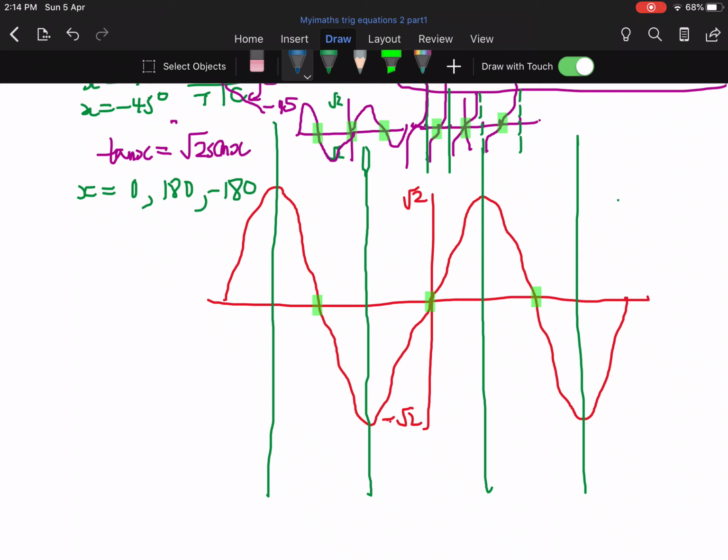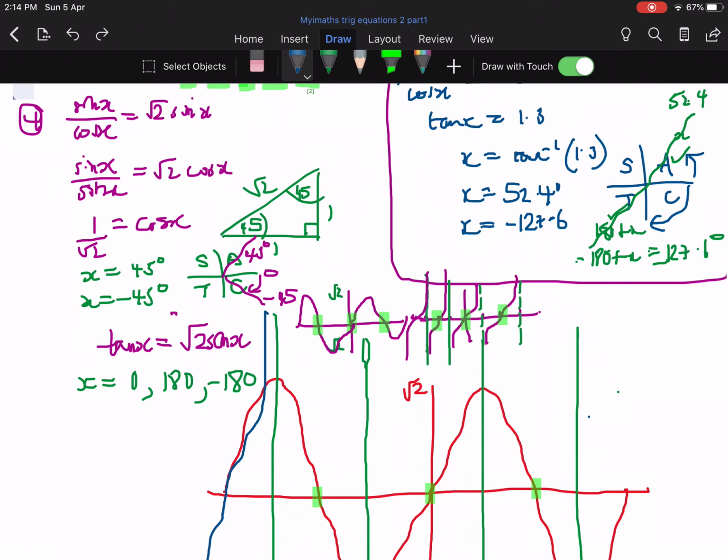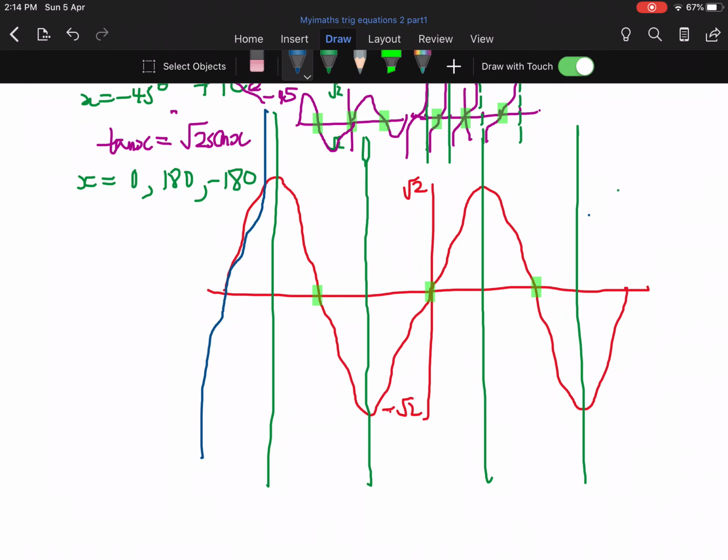So I know that the tan graph is going to come down like that and down. Quite hard to draw the tan graph. It's going to come round and it's maybe not going to be as straight as that. It's going to ease towards it and up.